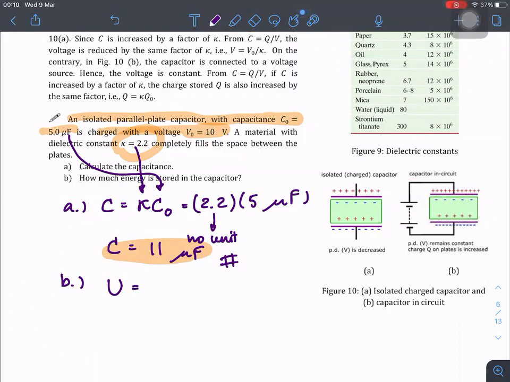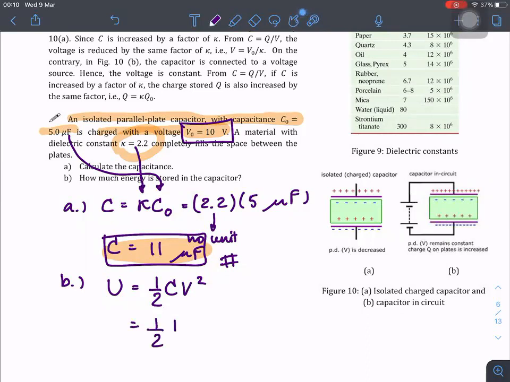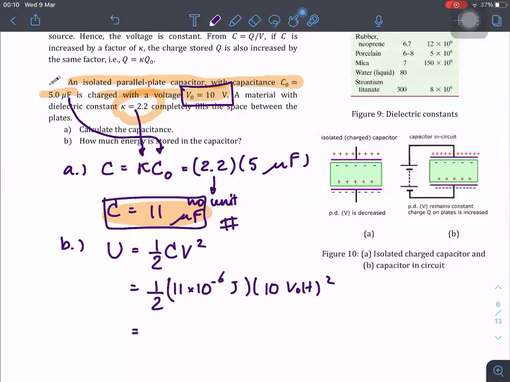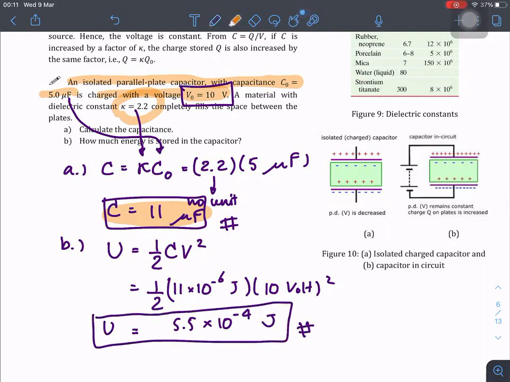What we have then are V and C, so for the U equation we should pick the one with C and V. You should be able to find 1/2 times 11 times 10 to the minus 6 farad times 10 volt squared, and then we have 5.5 times 10 to the minus 4 joule as the energy stored within this capacitor.